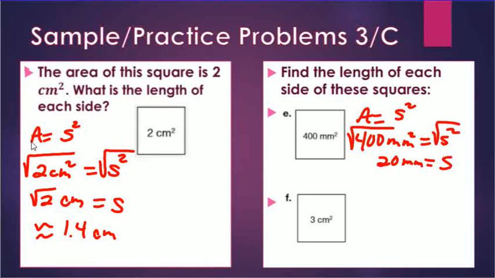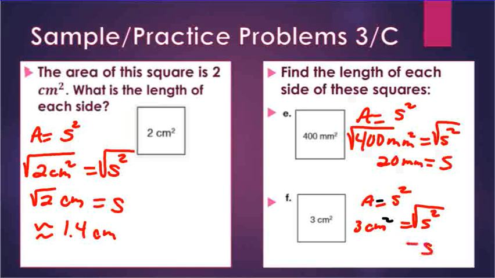And here I have 3 square centimeters, so area equals s squared. To undo a square, I find the square root, so s is the square root of 3 centimeters.